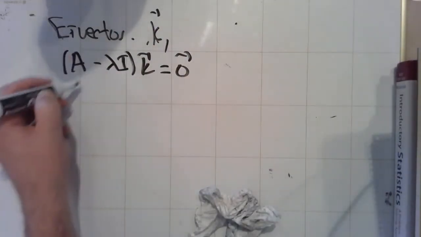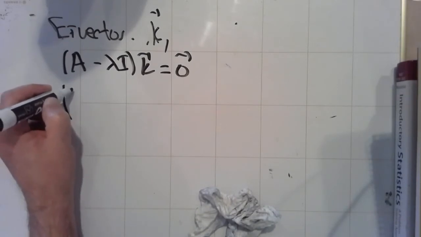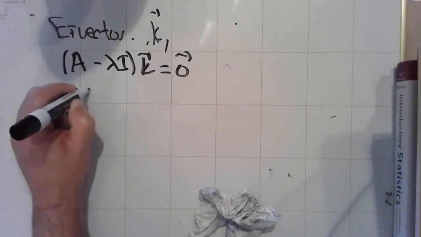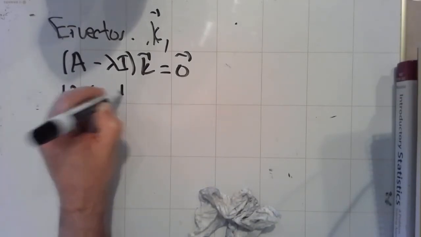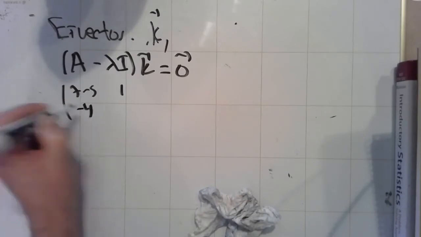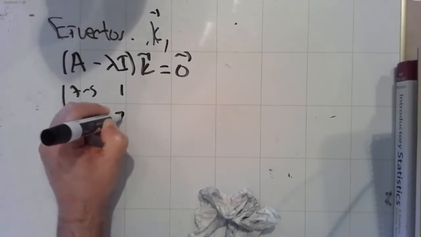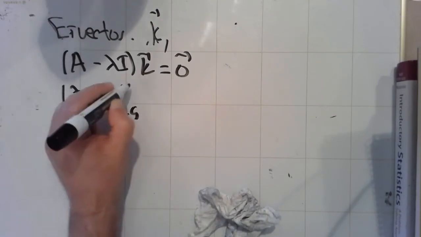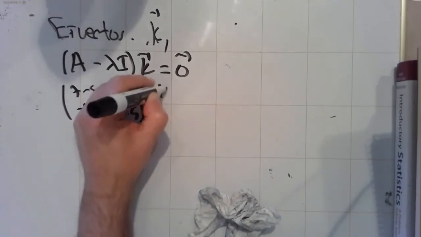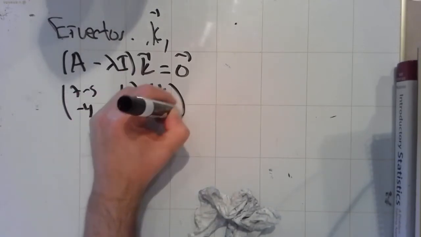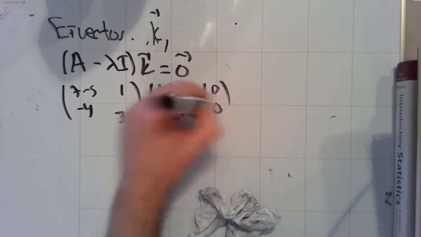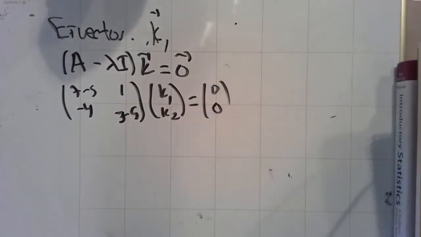So this matrix now will be 7 minus 5, 1, negative 4, 3 minus 5, times k1, k2 must equal 0, 0. Remember, that's the 0 vector.